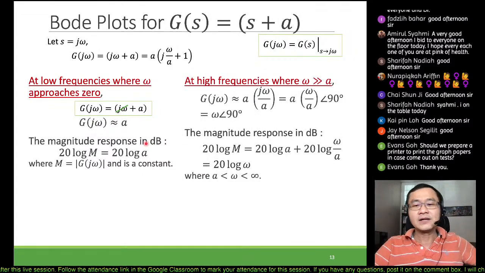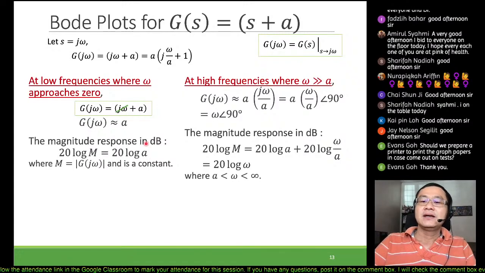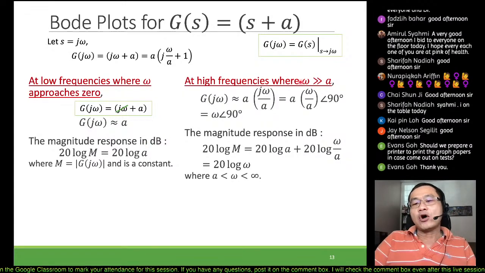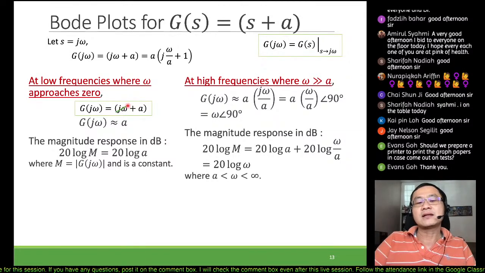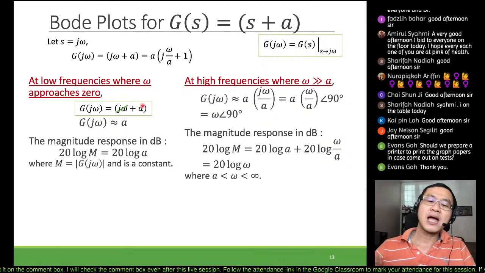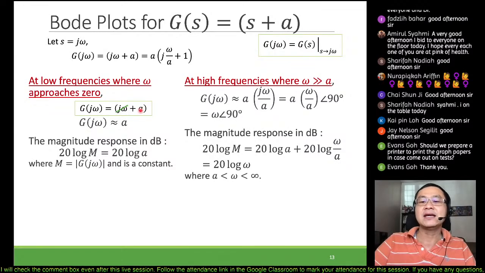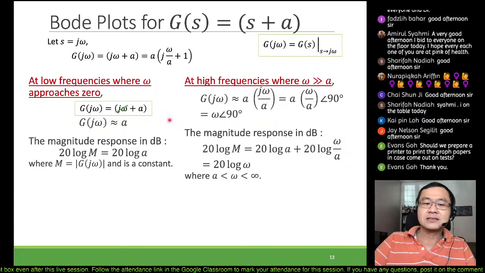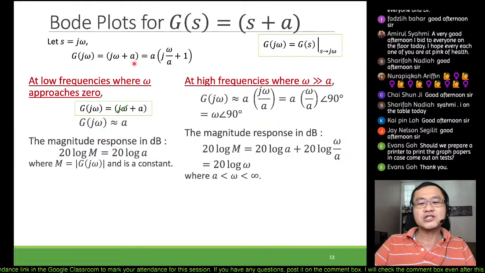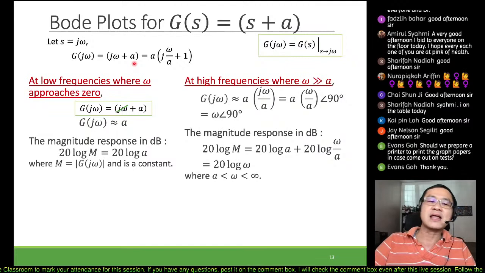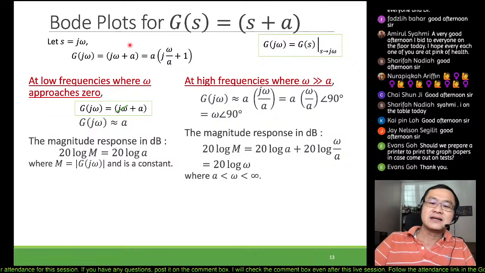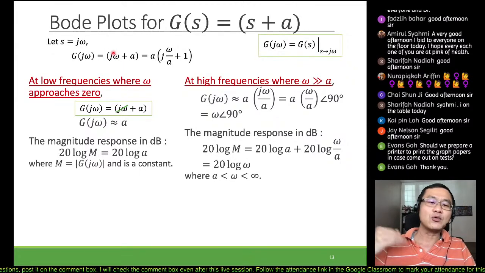Then at the high frequency, omega is much greater than a. It slowly increases, and after some time it is much greater than a, maybe 10 times, 100 times, 1000 times greater. In that case, the a term becomes negligible. The prominent part is the j omega part, because omega is now very high.